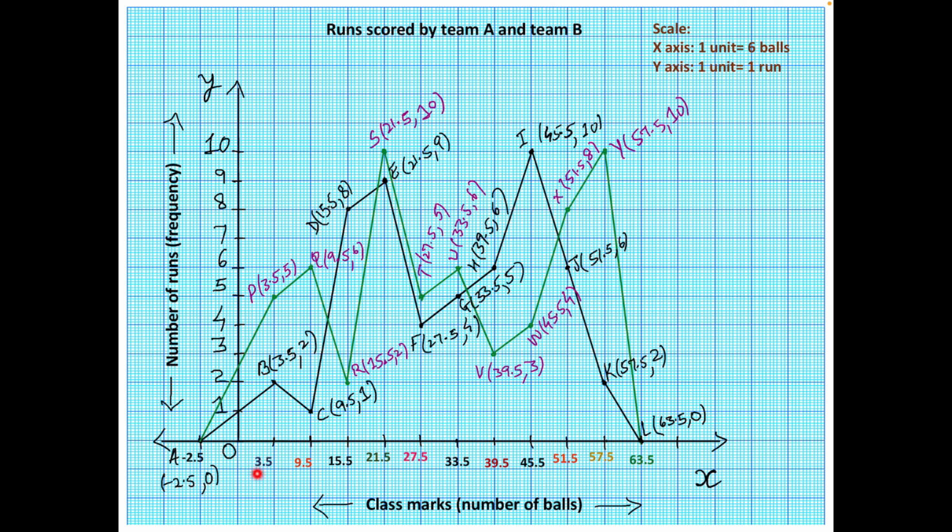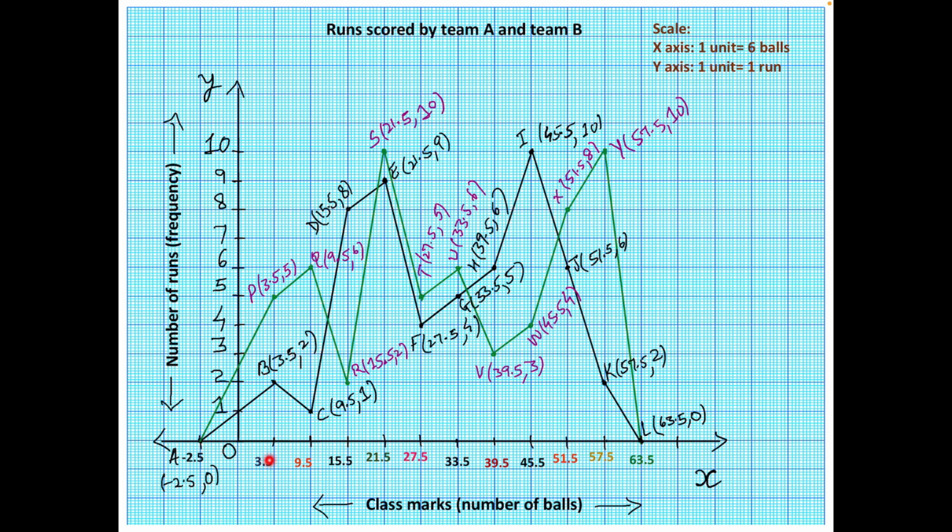Now 3.5 is our first class mark, and before that the imagined class mark is minus 2.5, and succeeding class mark of 57.5 is 63.5. So this point A minus 2.5 comma 0 and point L, that means 63.5 comma 0 will be common for both the polygons since the frequency is 0 for both of them, right?